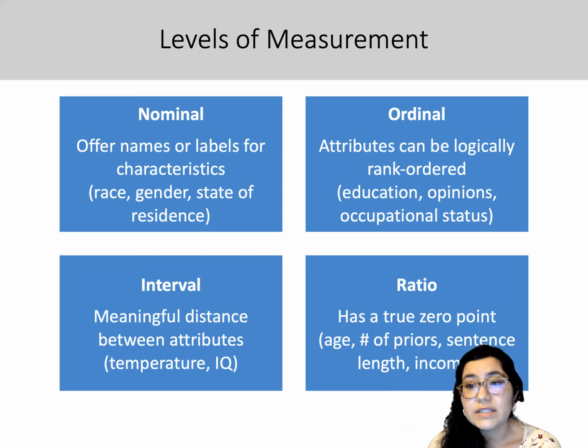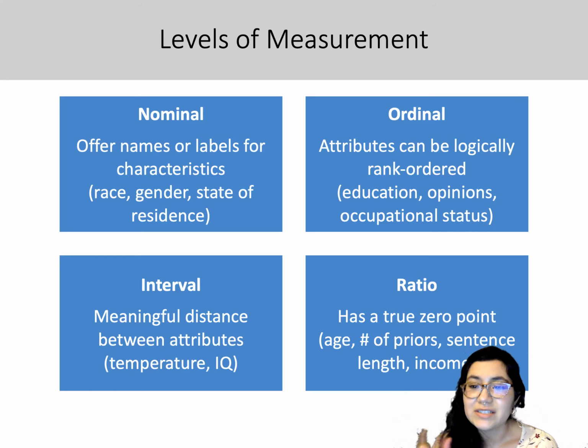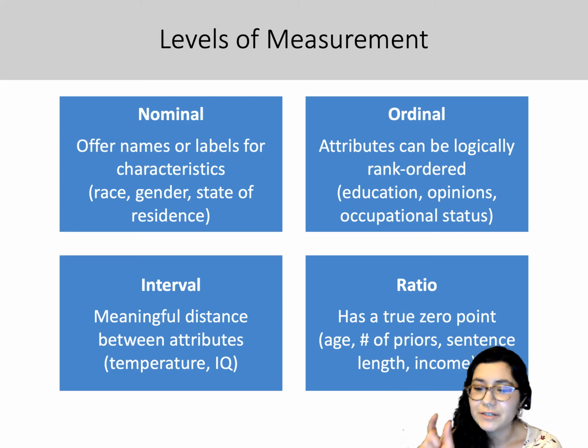Interval is like very particular measurements of not occurrences, but like waist size. There's very much the distance between a 24 waist to a 27 waist. There's a particular distance that occurs within those things that's consistent each time.